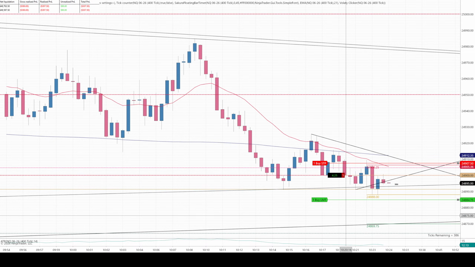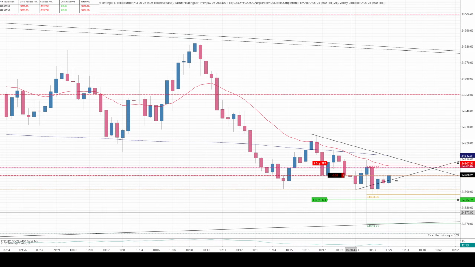This is a bearish structure. We just need the bears to do their jobs.